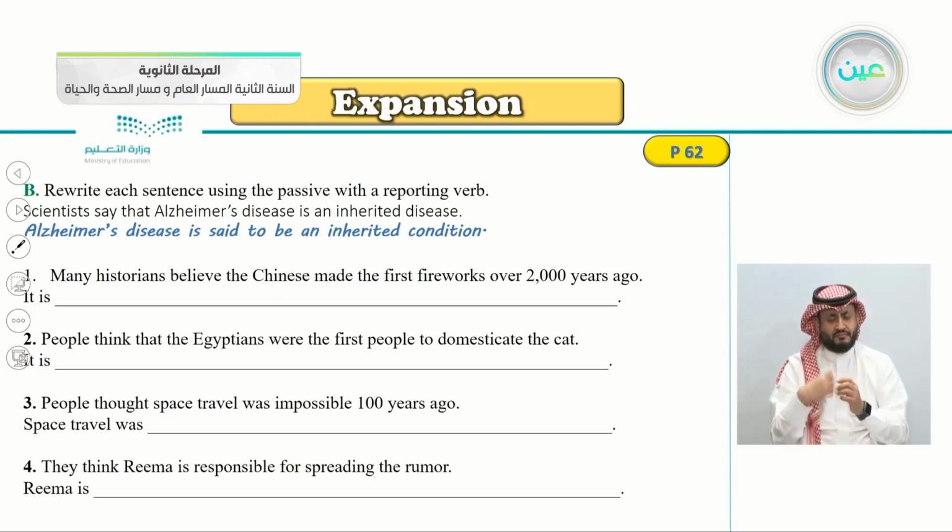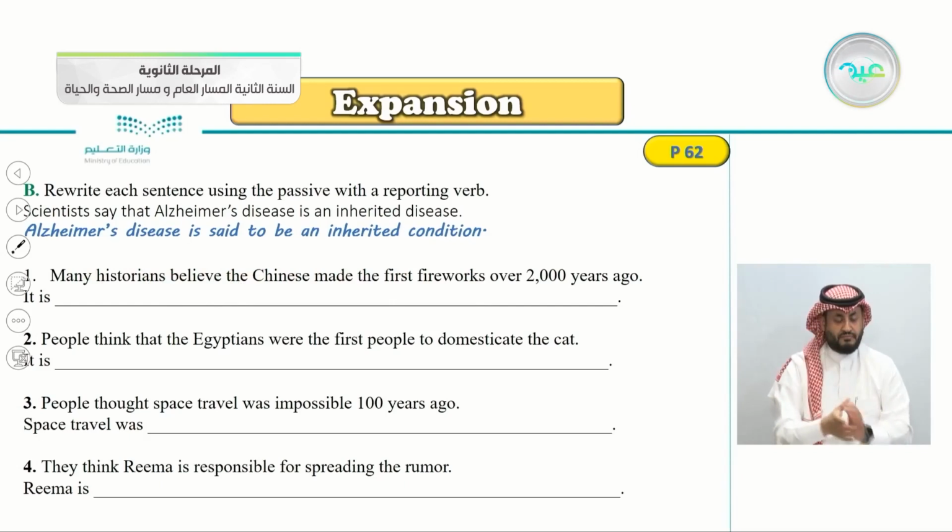Number 1, many historians believe that Chinese made the first fireworks over 2,000 years ago. So, how do we make this one into reporting verb?